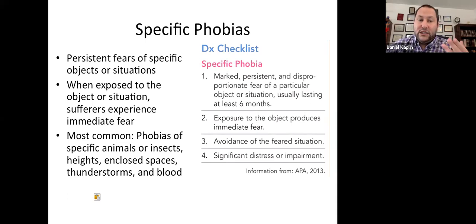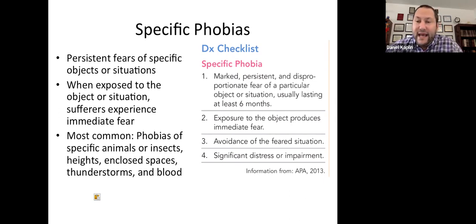Now, I mentioned to you that if exposed to that object, they're going to have fear, and they'll go to great lengths to avoid being exposed to the feared situation. And under exposure, there is significant distress or impairment.